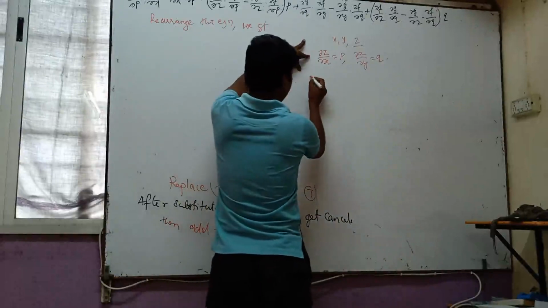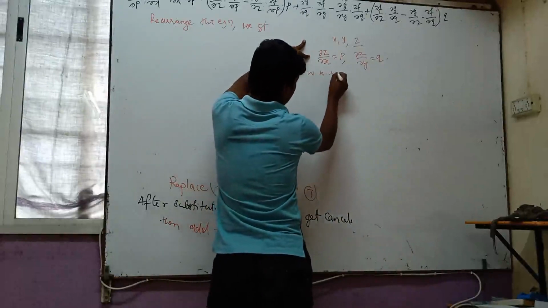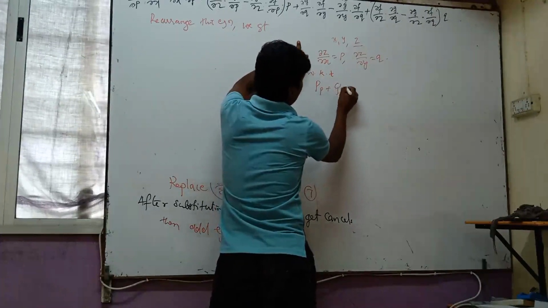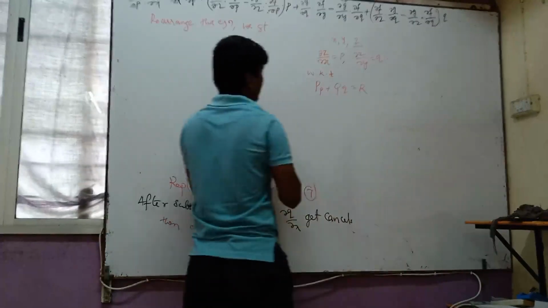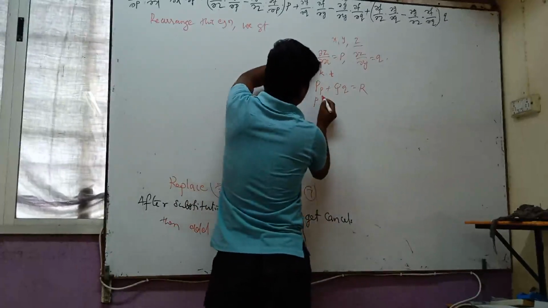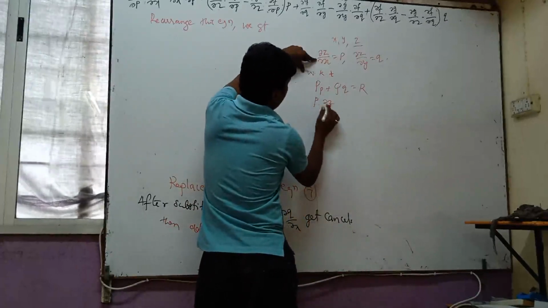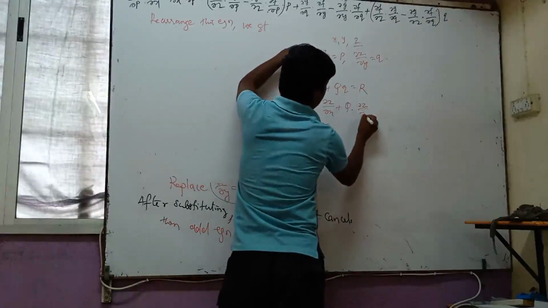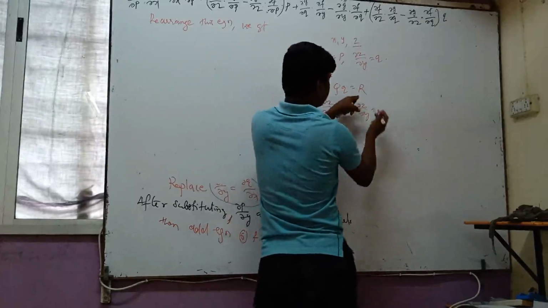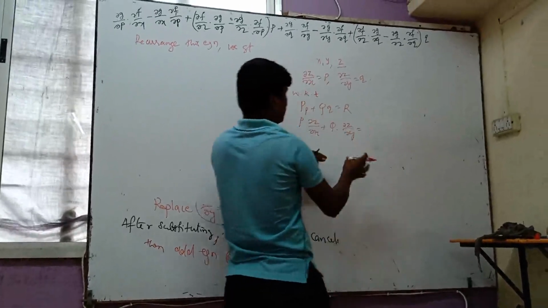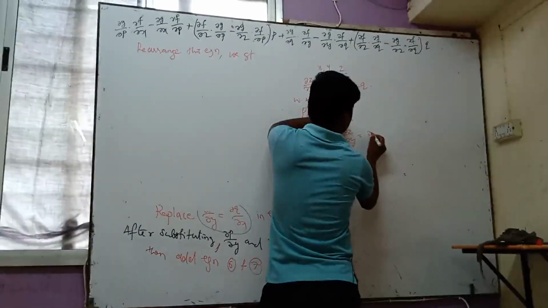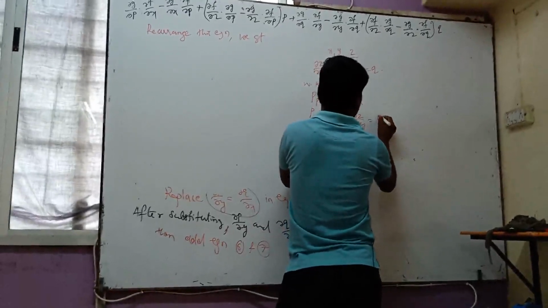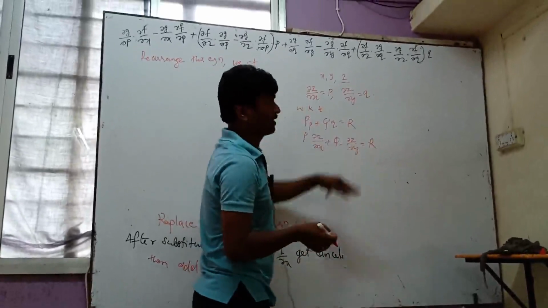And now if I write by Lagrange's theorem, we know that the Lagrange's linear equation Pp plus Qq is equal to R. It can be written here: p is nothing but ∂z/∂x plus q, this q is ∂z/∂y. R is nothing but the dependent variable. So R I can write as it is, R now. Next step I will change it.